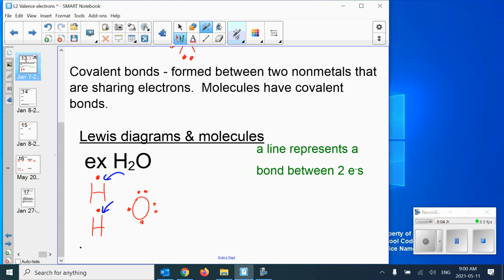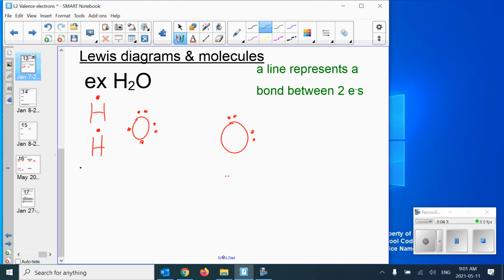That's what you're thinking there. So this works. Good. So what I do is, I'm going to just do the molecule over here. Oxygen, 1, 2, 3, 4. It wants to bond up there with the loners. So I'm going to take the single dot from the oxygen and the single electron from the hydrogen and use the line to represent the bond shared between 2 electrons.